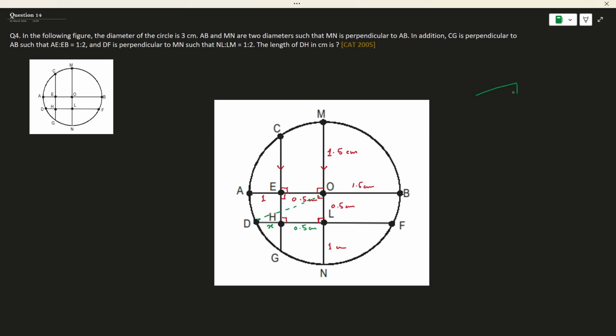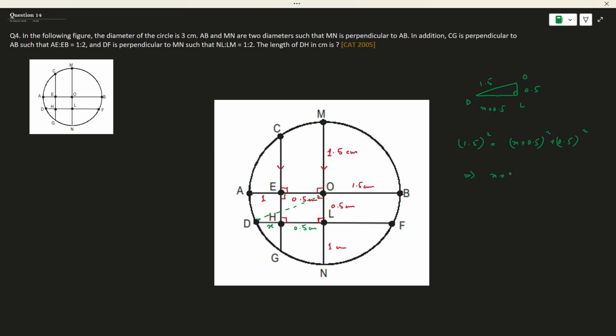If you look at this, you have D here, you have L here, you have O here. DO is the radius. I know diameter is 3 centimeters, so radius is 1.5 centimeters. DL is basically DH plus HL, which is basically X plus 0.5. And what is OL? OL is also 0.5. Use Pythagoras theorem. I can say 1.5 whole square is equal to (X plus 0.5) whole square plus 0.5 whole square.